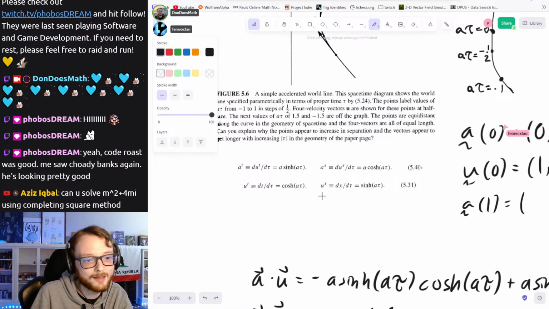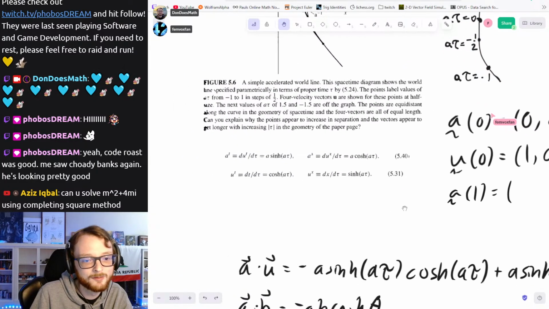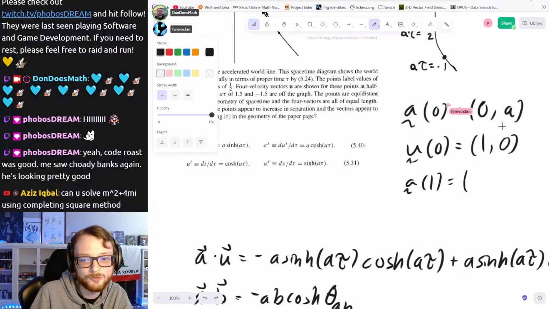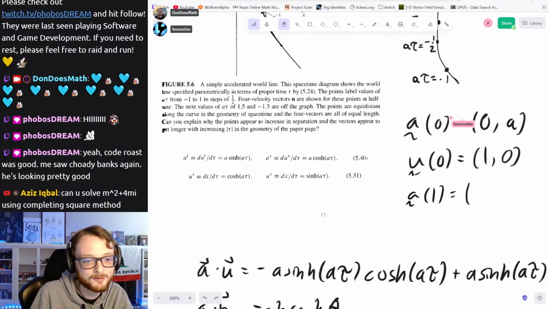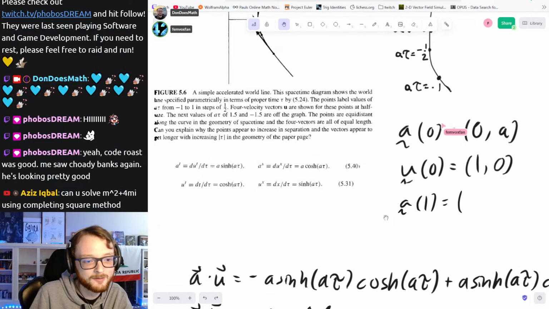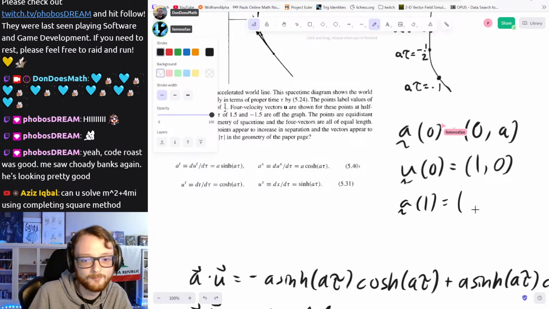They do say A tau right over there. I assume that would just stay in A then. I think that would just stay in A because we're only worried about it for the input to the hyperbolic functions.